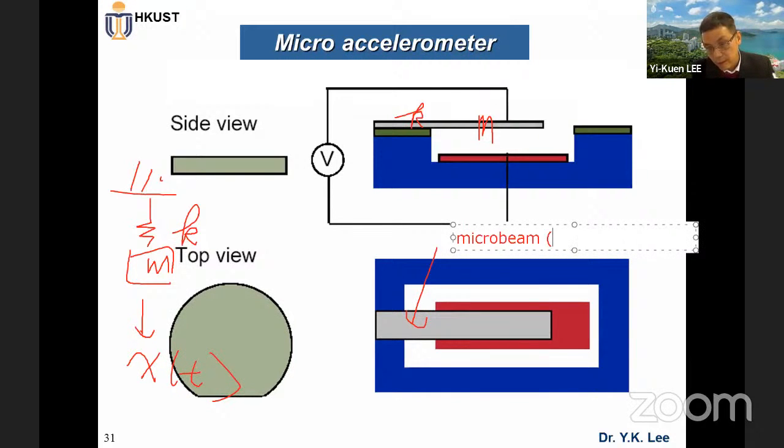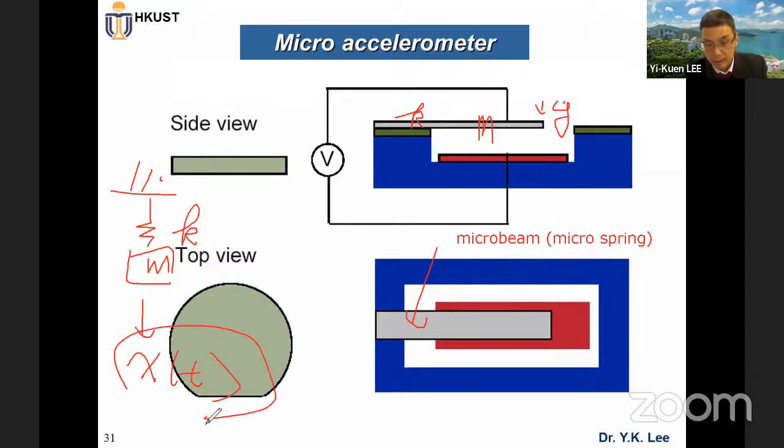Once you have an input acceleration, maybe G, that's the G sensor, it encodes the spring displacement. Originally it's maybe here, and once it vibrates, it changes to maybe here.